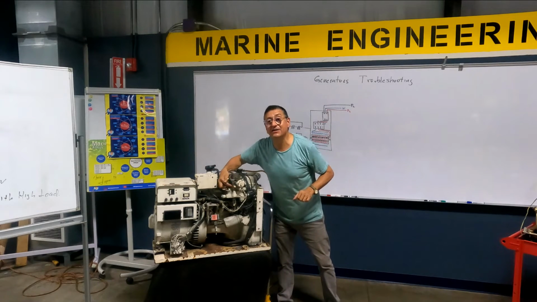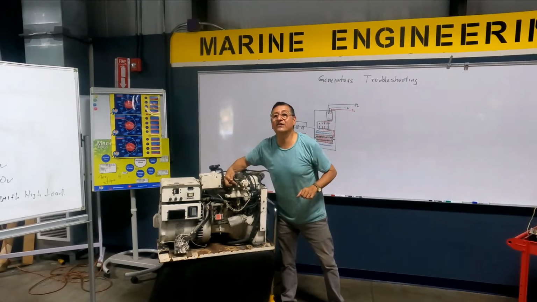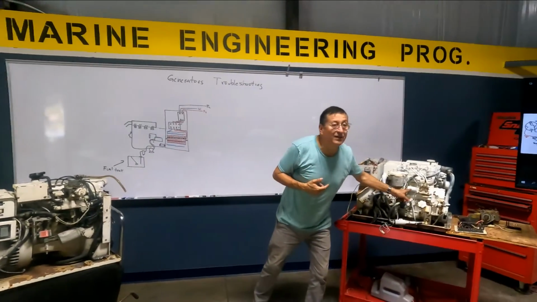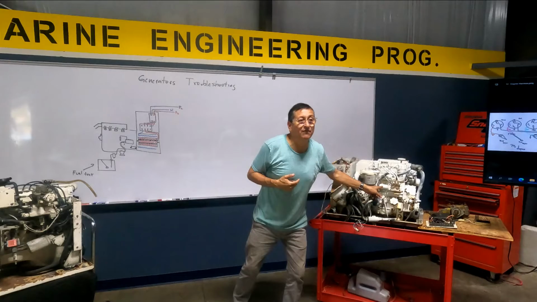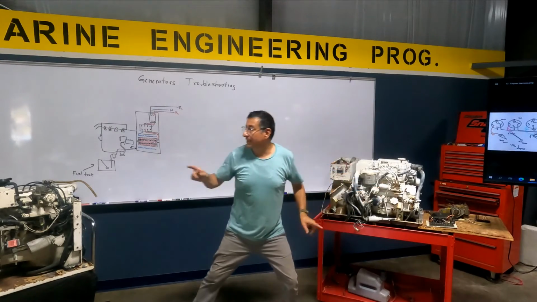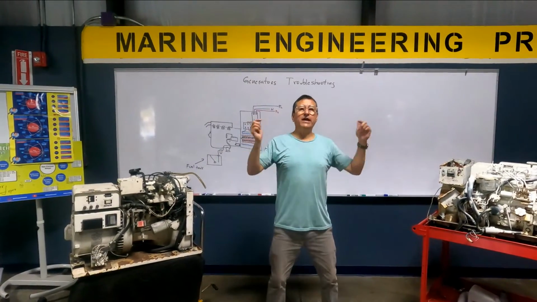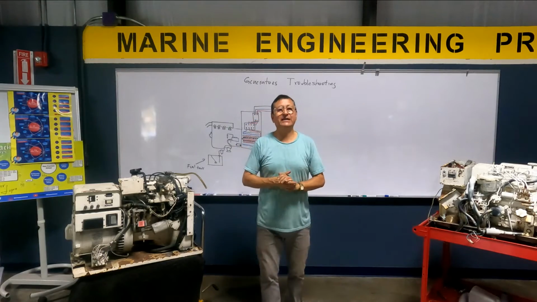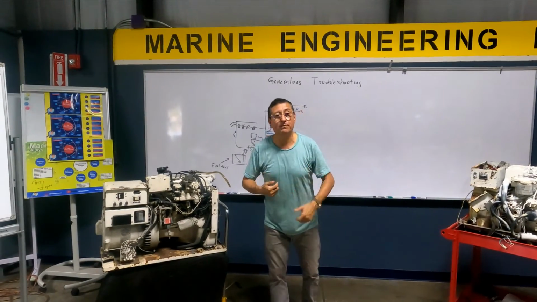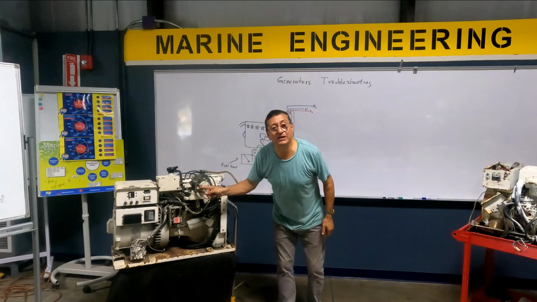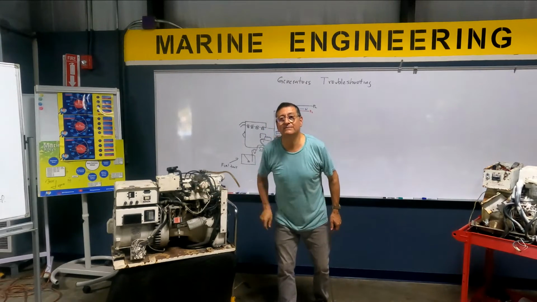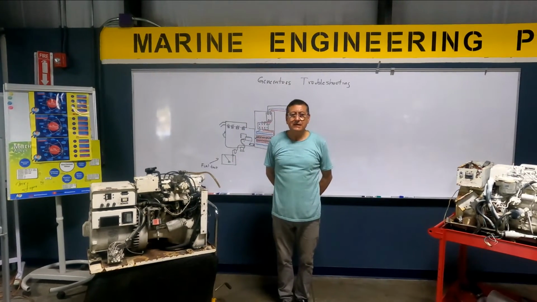That solenoid, the idle, has the same function as the solenoid at the input of the fuel injection pump in diesel. It allows the fuel to enter or not, and the engine starts or stops. This solenoid is used here for that purpose. You understand, guys? It's clear?